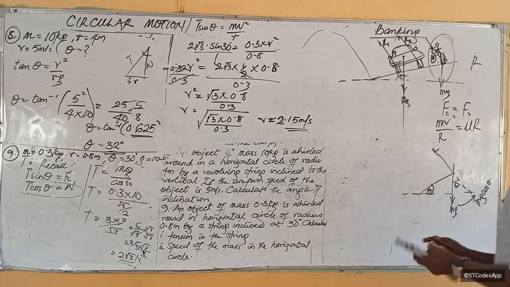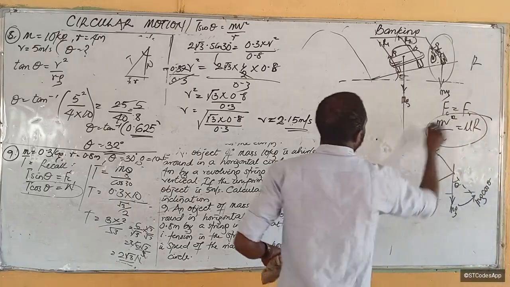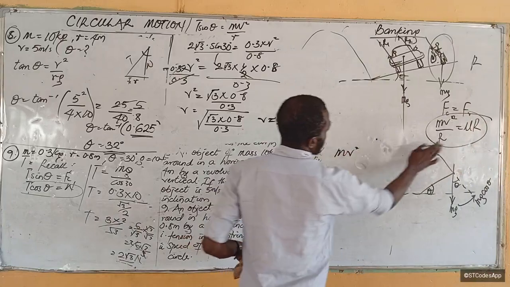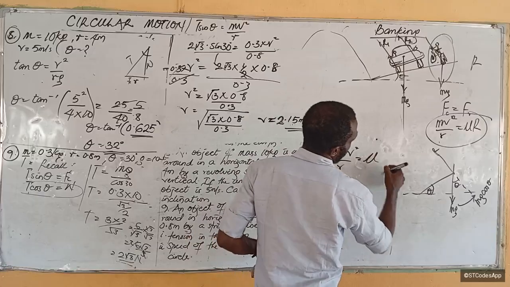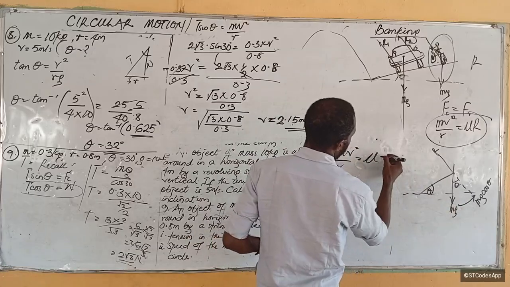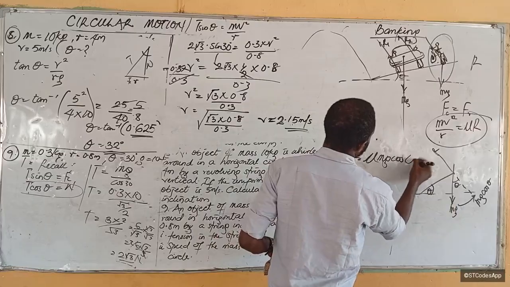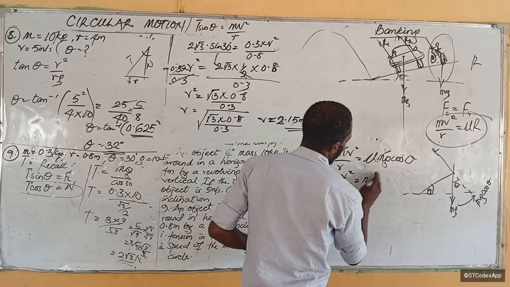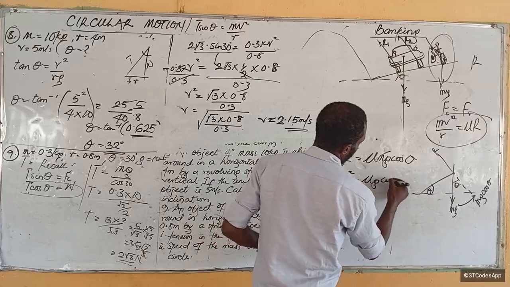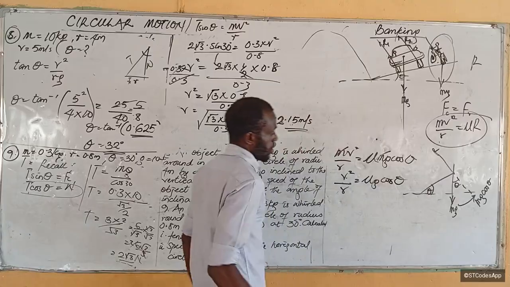So if that's the case, then our equation becomes mv squared over r is equal to mu R, which is now mu mg cos theta. M can cancel m. So v squared over r is equal to mu g cos theta.